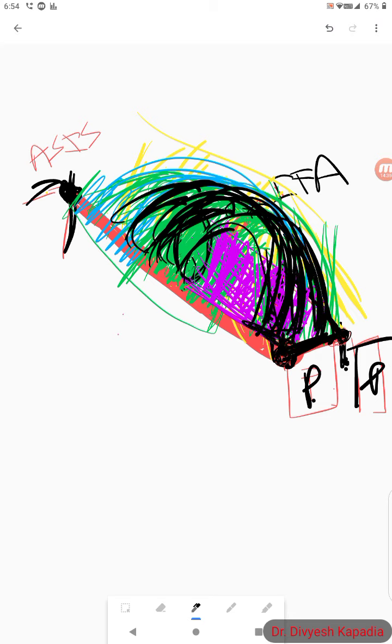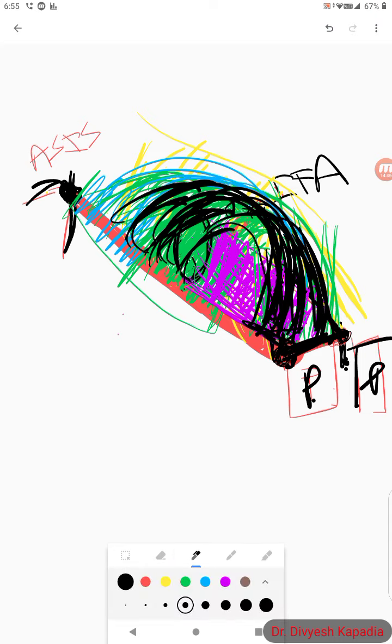So this conjoint tendon, it is easy to understand, forms the medial half of the posterior wall of the inguinal canal.